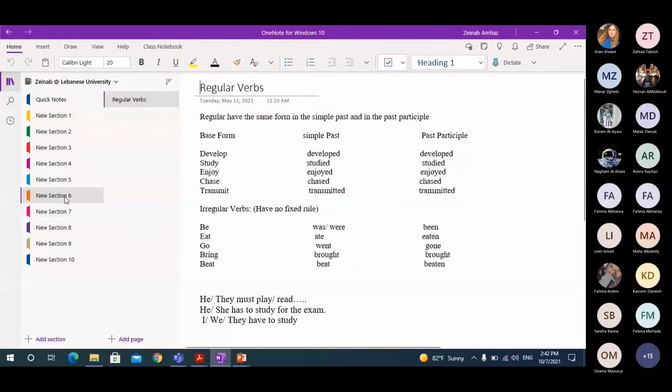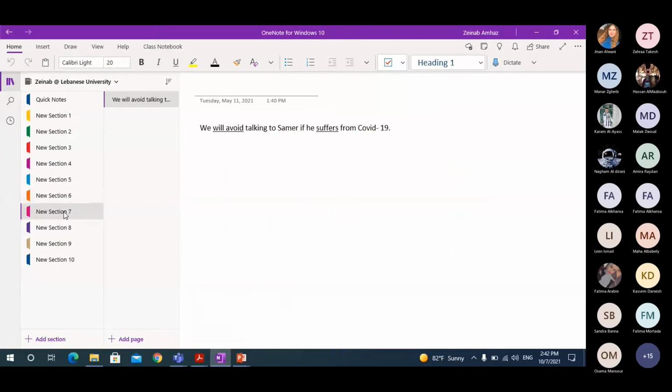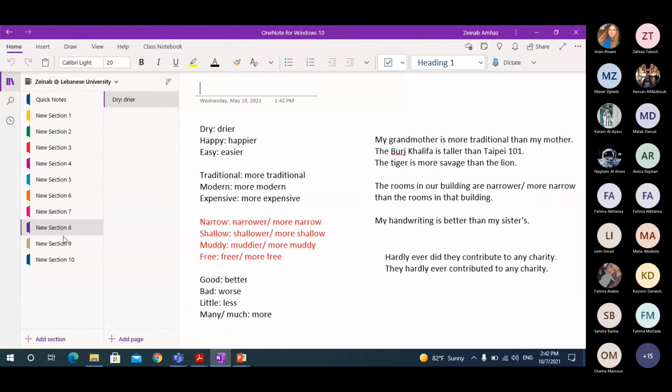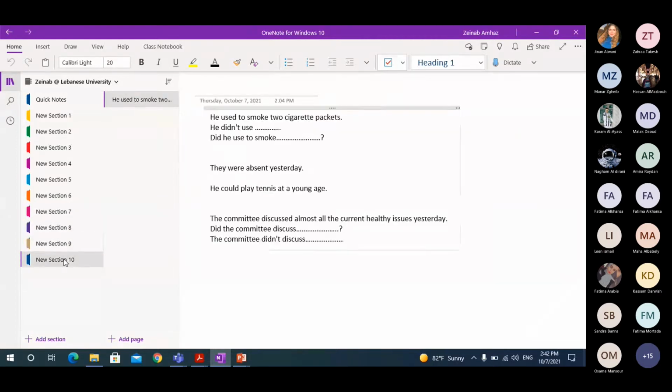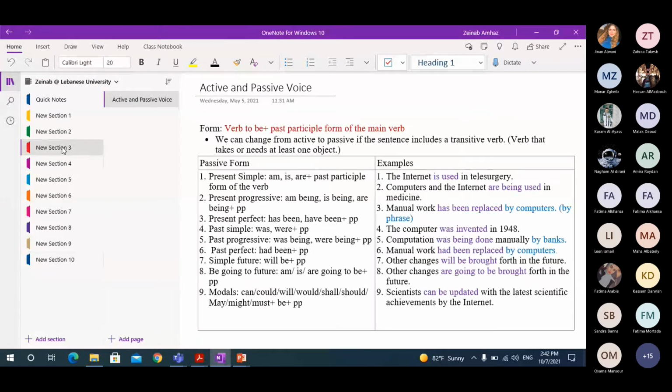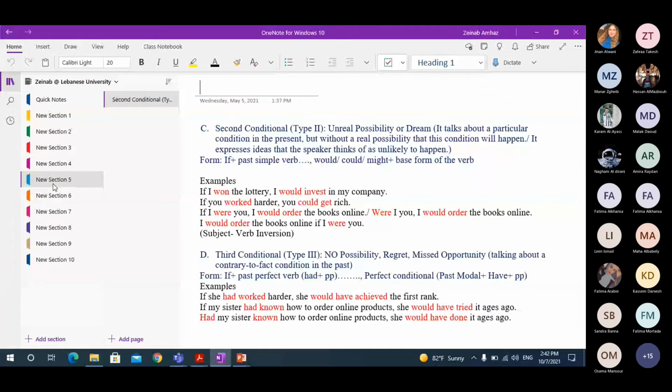Regular verbs you see, and there's conditional type 0. Anyway, we'll explain them. Here in section 5. Where are the other sections?